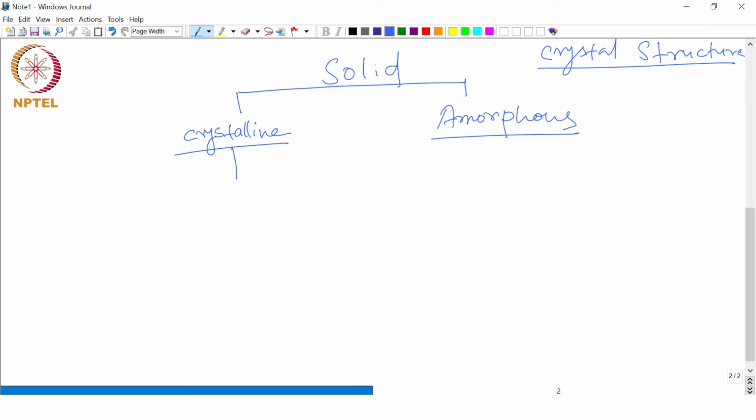The crystalline material will have atoms arranged in a particular manner, or in a particular pattern, and this pattern in fact can be defined by a small unit which can be then repeated in 3 dimensions to generate the entire crystal structure.